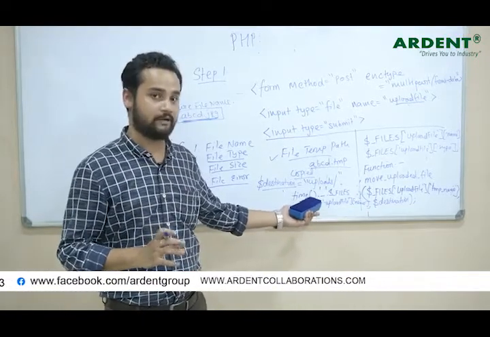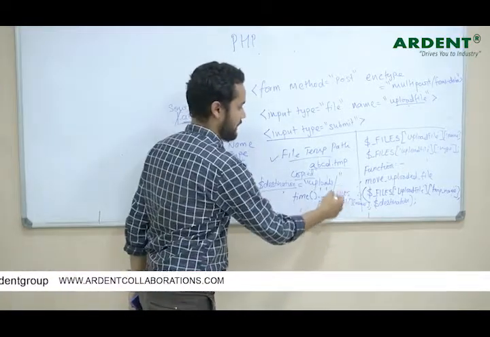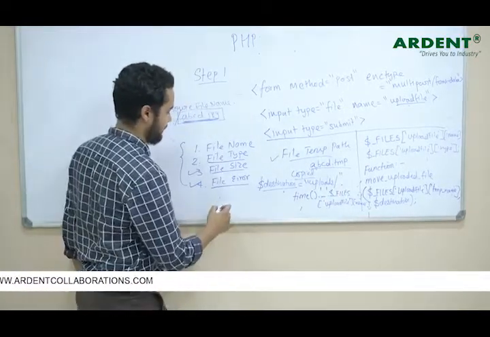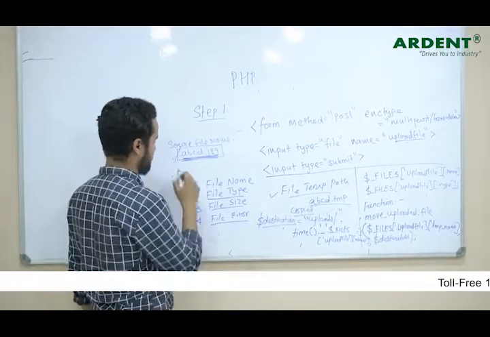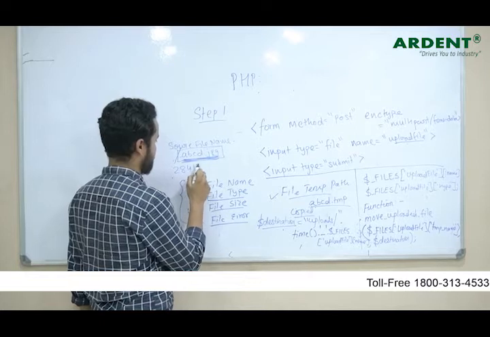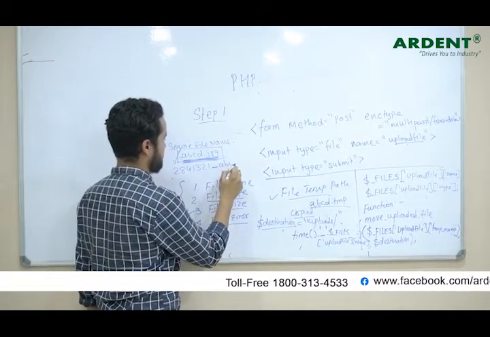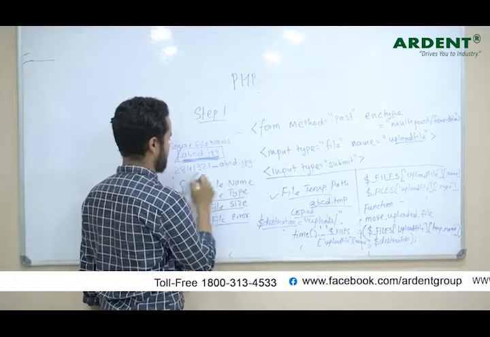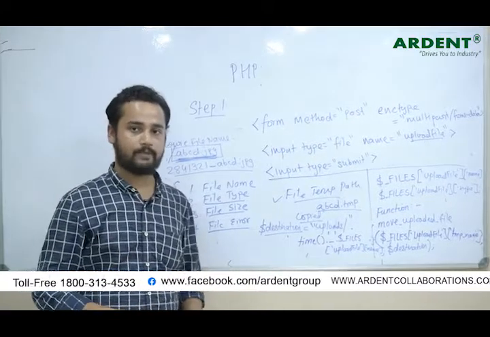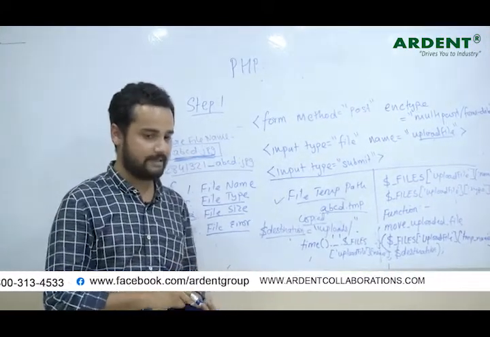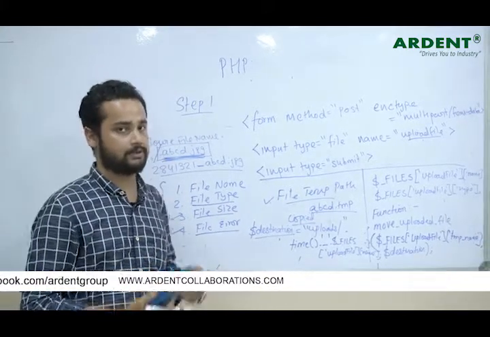A timestamp gets generated, with the underscore and the original file name. Now your file name would look something like this: timestamp, underscore, abcd.jpg. Okay, so this is how a file gets uploaded to your server from a client source.